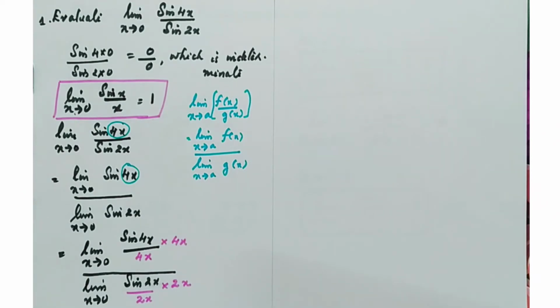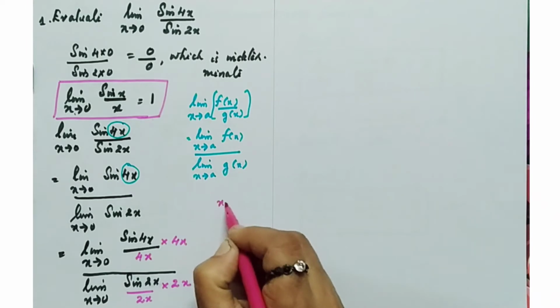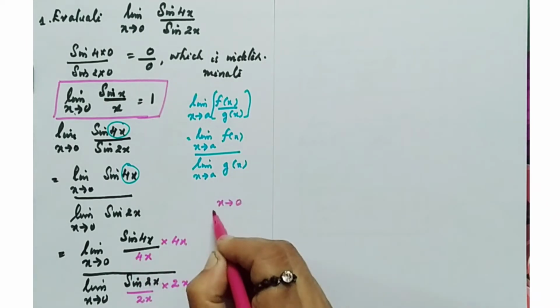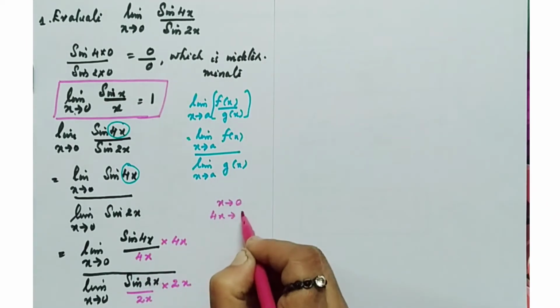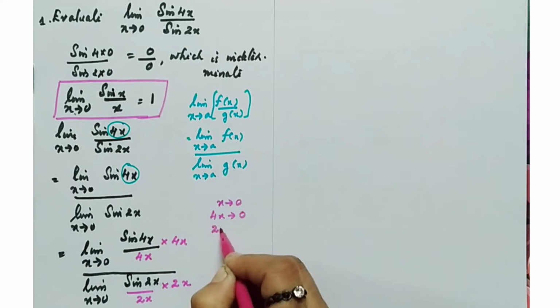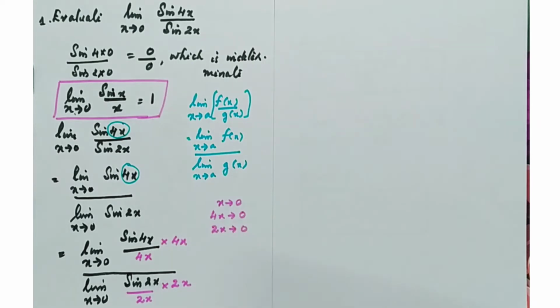Now we know that as x tends to 0, 4 into x tends to 4 into 0, that is 0, and 2 into x also tends to 0.